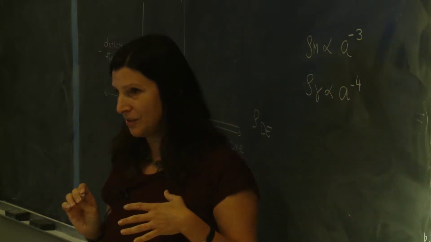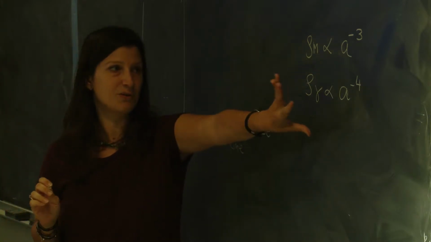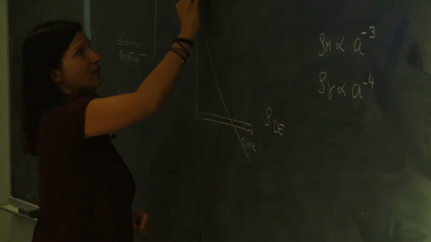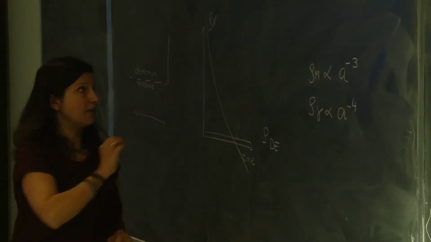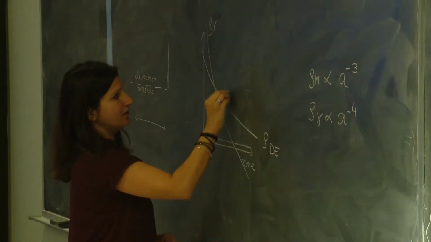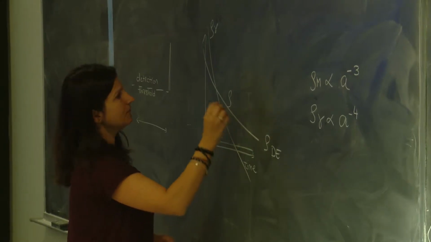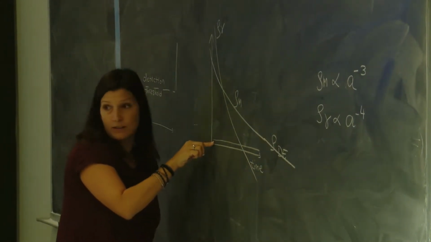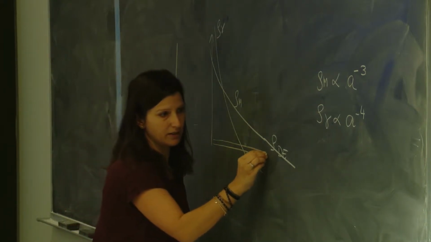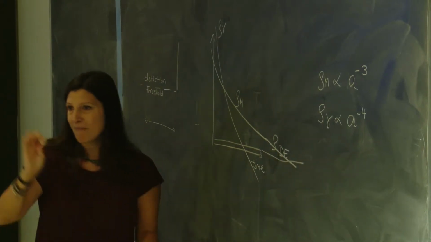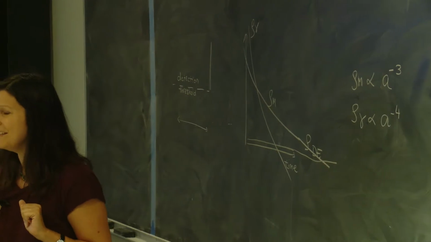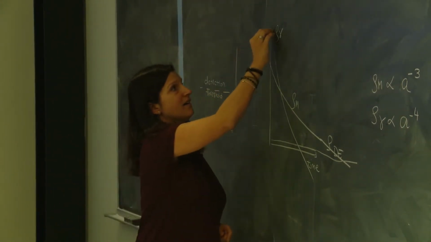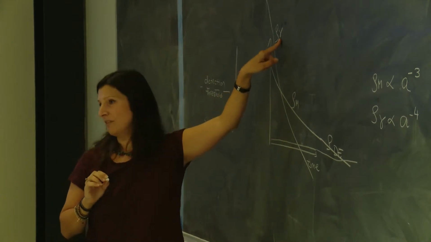So in the history of the universe, if you reverse that, you have a steeper curve that is rho radiation. Then you have a less steep curve that is rho matter. And then you have this dark energy, which is constant but lurking here. No matter what the relative amount that you put in the beginning, you start with a radiation-dominated universe.